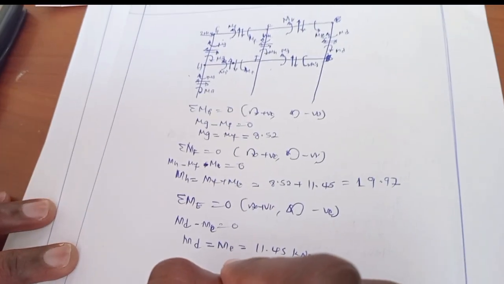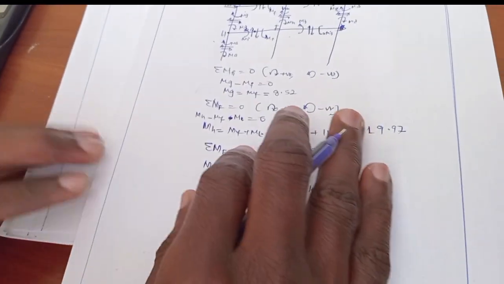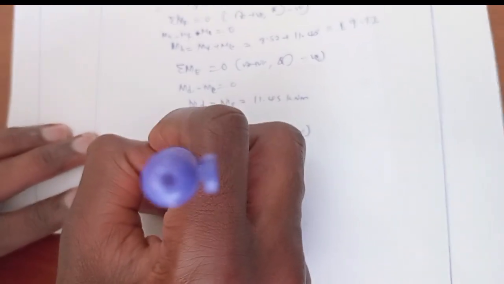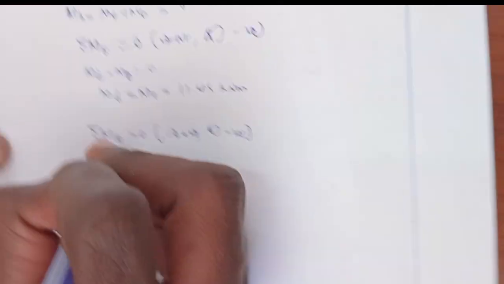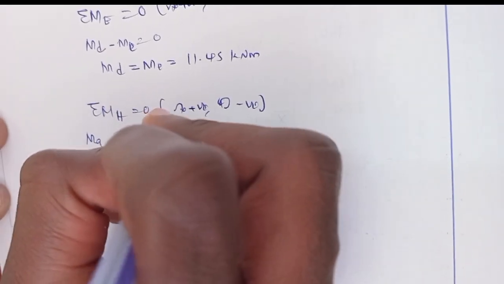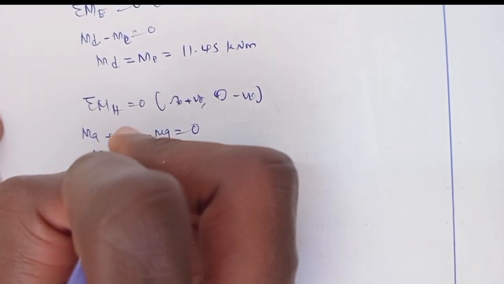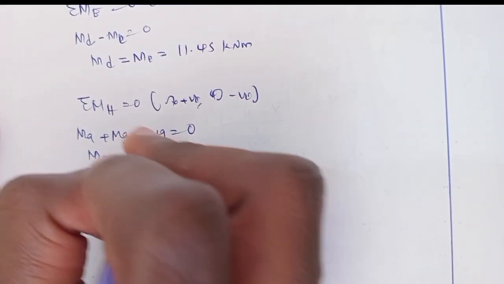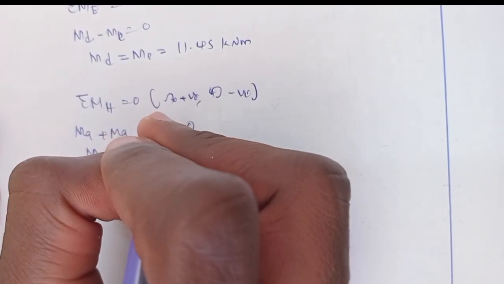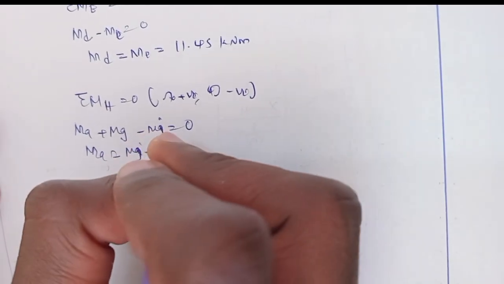With joint H, positive clockwise and anti-clockwise negative. So at this point we have MA clockwise direction, MA plus MG clockwise direction minus MG is equal to 0. MA will be equal to MY minus MG.